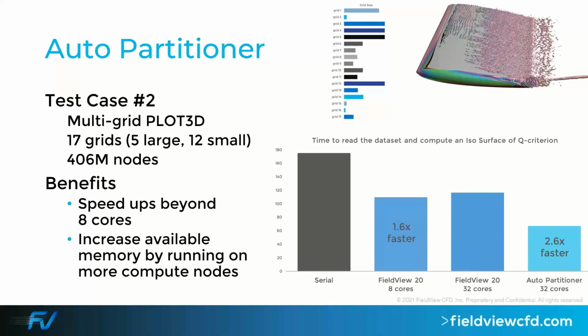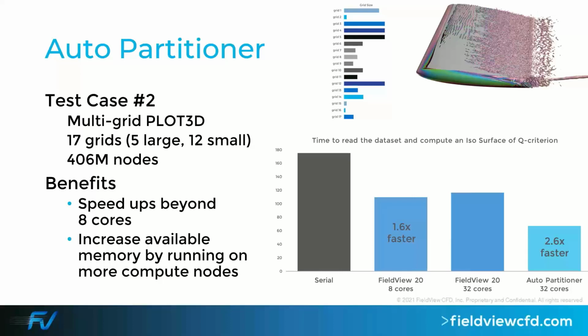This is a Plot3D case, about 400 million nodes, to give you an idea of the size of it, looking at the timing. So in the past, FieldView 20 was already doing a good job running on 8 cores compared to serial. And that's because between the 5 large blocks and the rest of the 12 small ones, there was a good overload.